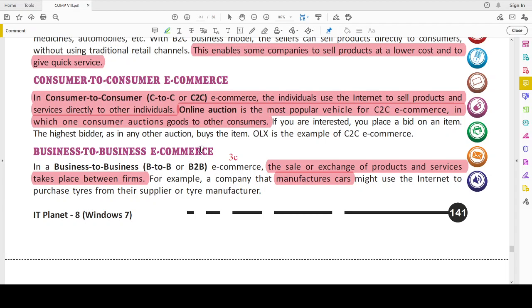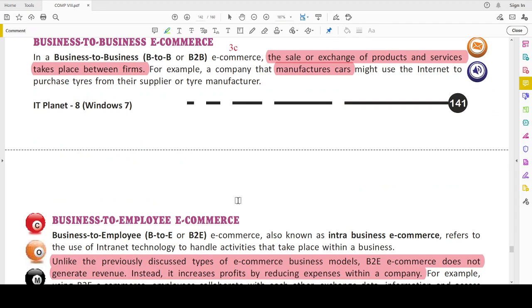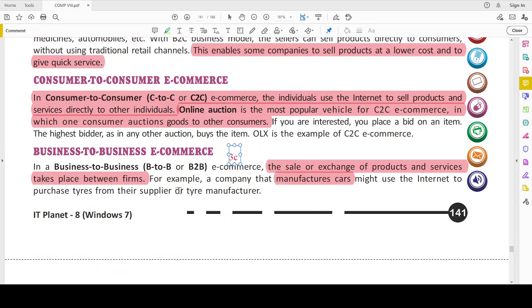Next is business to business e-commerce. In business to business or B2B e-commerce, the sale or exchange of products and services takes place between firms. For example, a company that manufactures cars might use the internet to purchase tires from a supplier or tire manufacturer, right? The car manufacturers do not manufacture the tires.